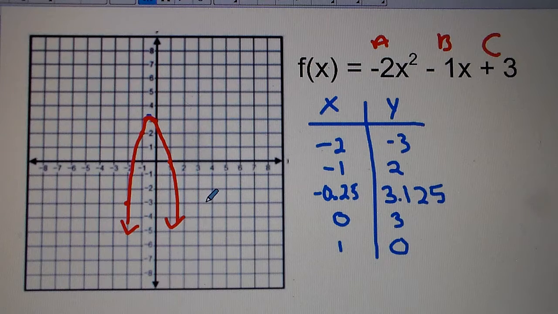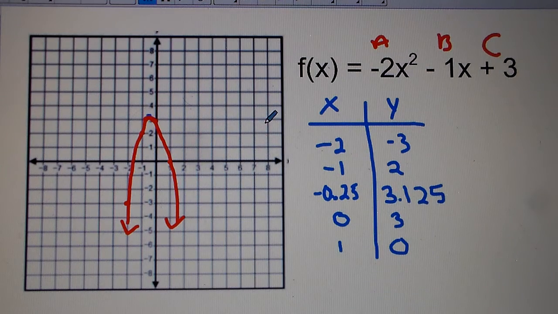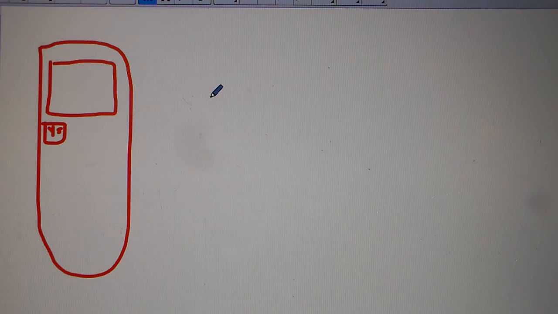All right, so on the graphing calculator, the perk of it is that you can literally have the calculator do the graph, so you don't have to worry about the table and all those extra calculations. So what you do, you hit your Y equals button, which is located in the top left hand corner of your graphing calculator. When you hit it, you get Y equals 1, Y equals 2, Y equals 3.